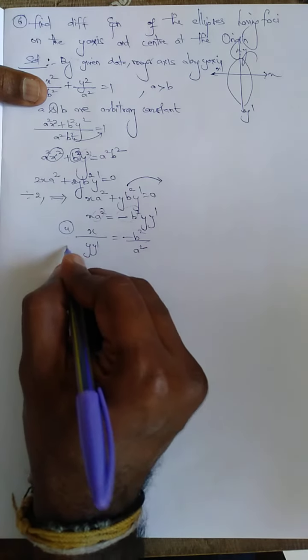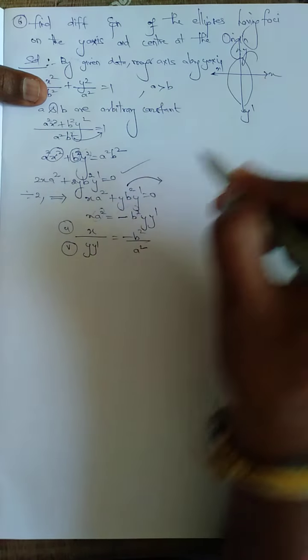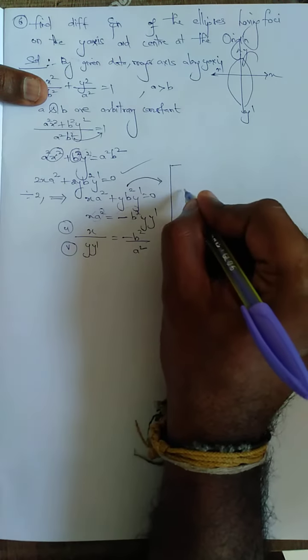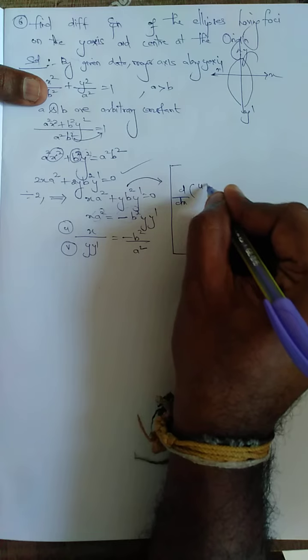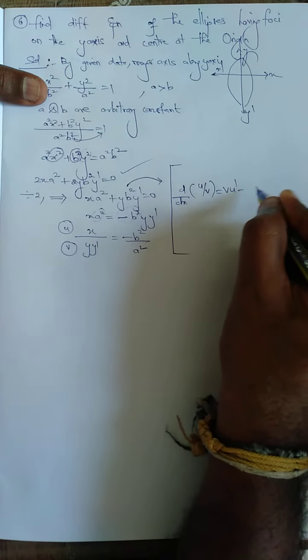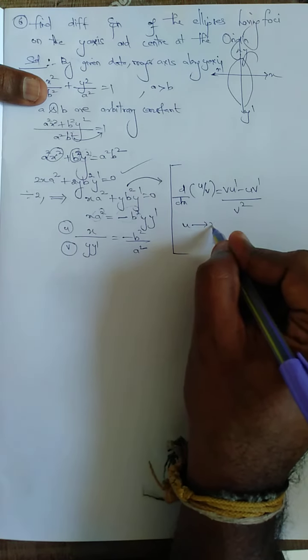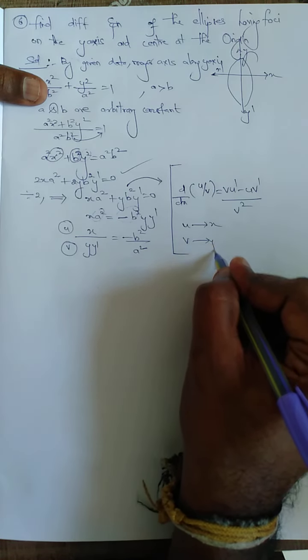Now I differentiate the second time, as a quotient u by v. The formula is d by dx of u by v equals (v u dash minus u v dash) by v square, where u is x and v is y dash.